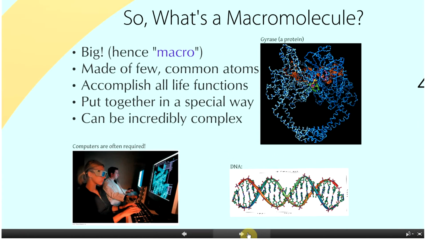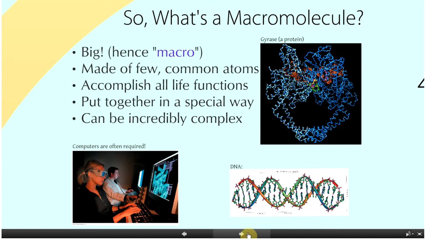Okay, so the first thing that we have to ask ourselves is, what is a macromolecule? A macromolecule is a very large molecule within our cells. Macro meaning big. Most of our macromolecules, our carbs, our fats, our proteins, and our nucleic acids are made of the same atoms.